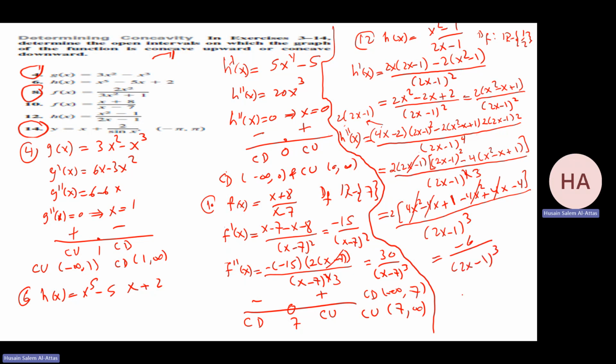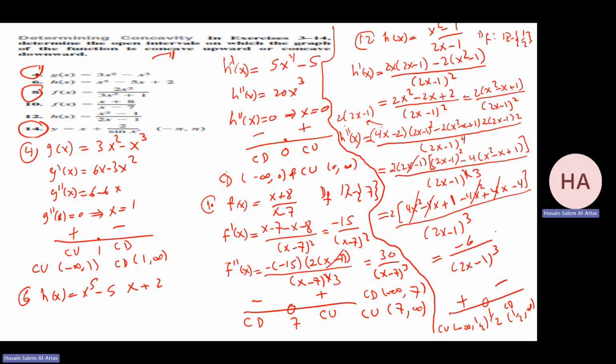Oh, now I have only the minus half, and before half, this is positive, this is negative. So it will be concave up from minus infinity to half, and concave down from half to infinity.